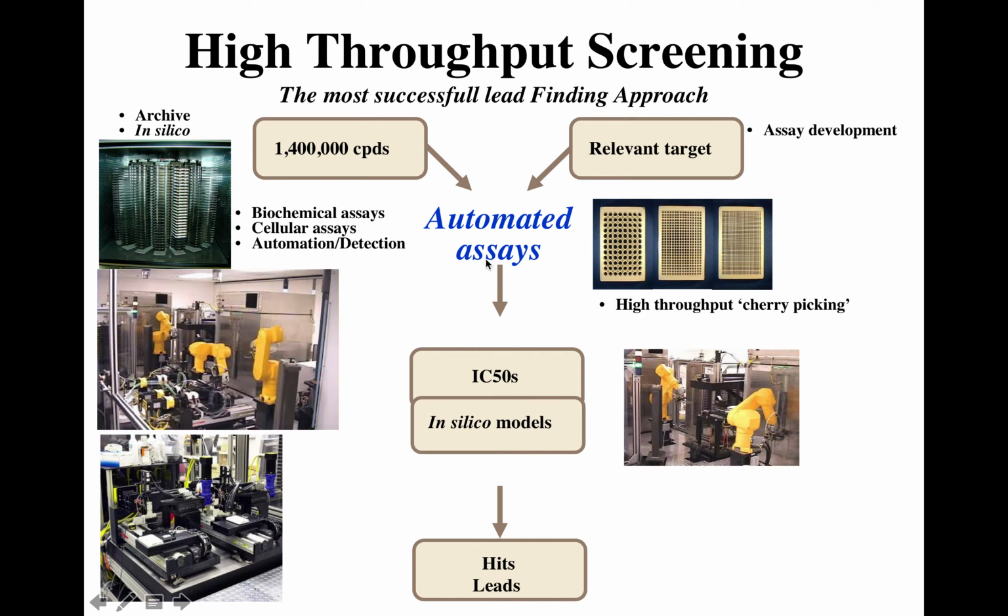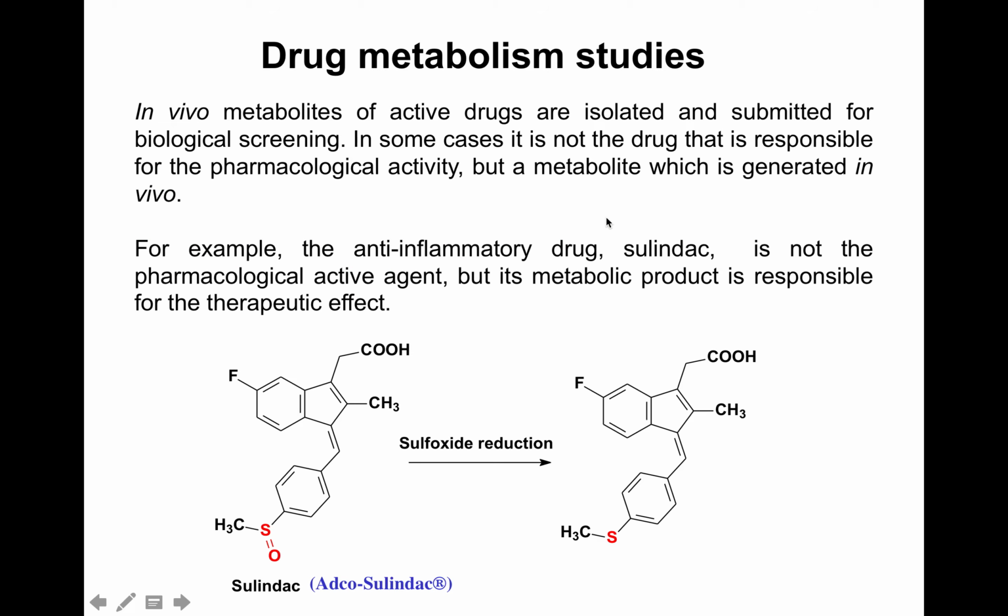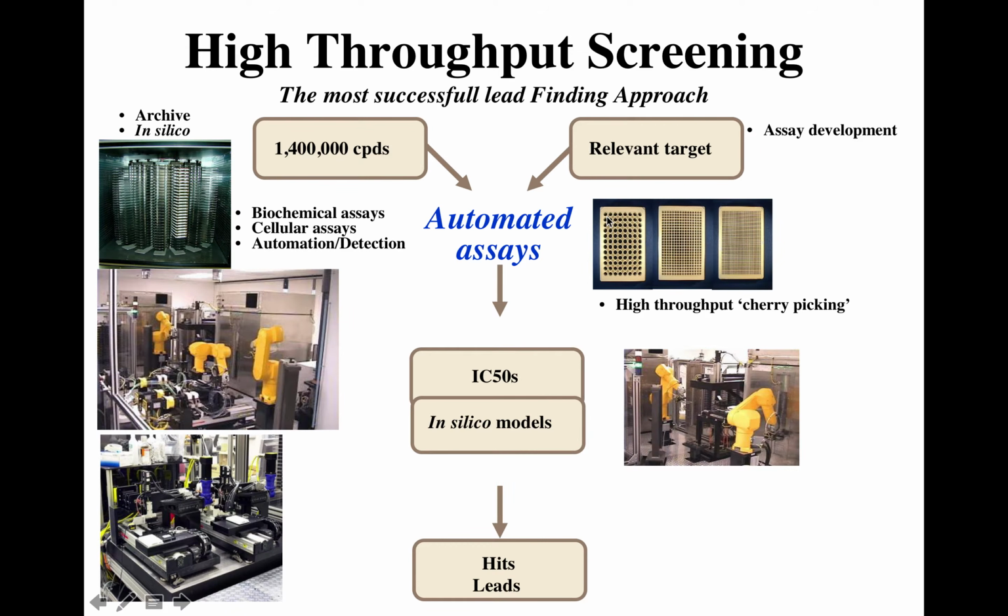Now the automated assay, you can see here, sometimes uses big machinery that contains what are known as plates, and each of these plates looks like this. These are known as well plates, and you can see it has these small wells, like 1, 2, 3, 4, 5, 6, 7, 8 wells in that row.